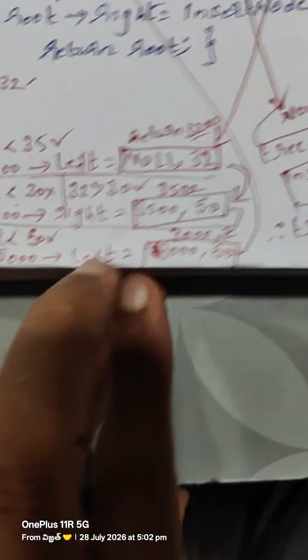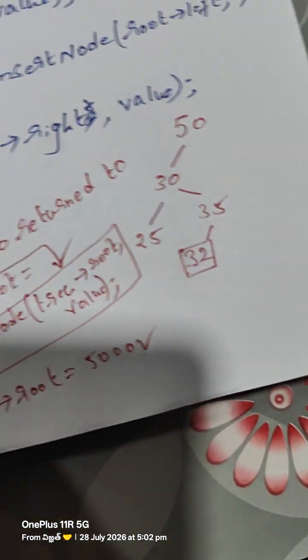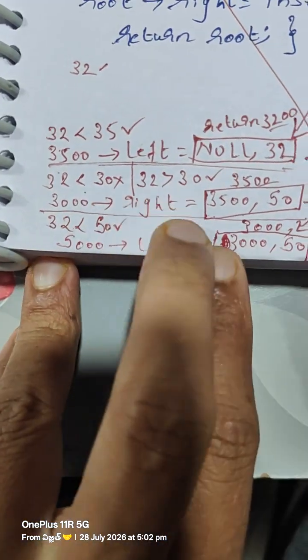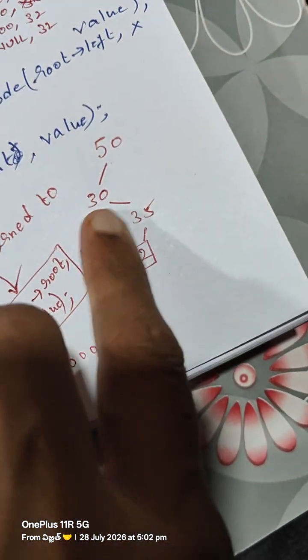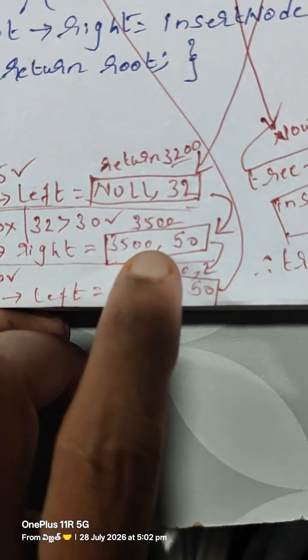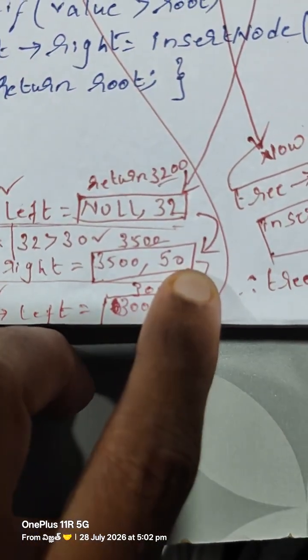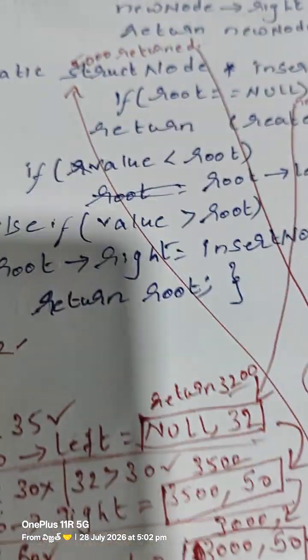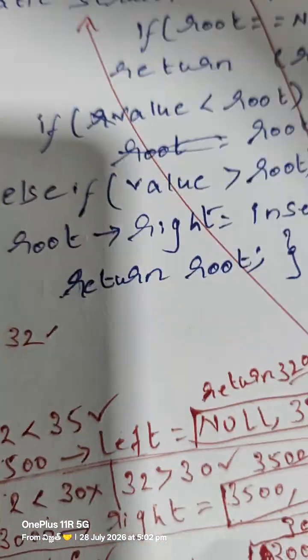So let's assume that the address of 30 is 3000. 3000's right is what? 3500, that is 35. Sorry, here I made a small mistake.